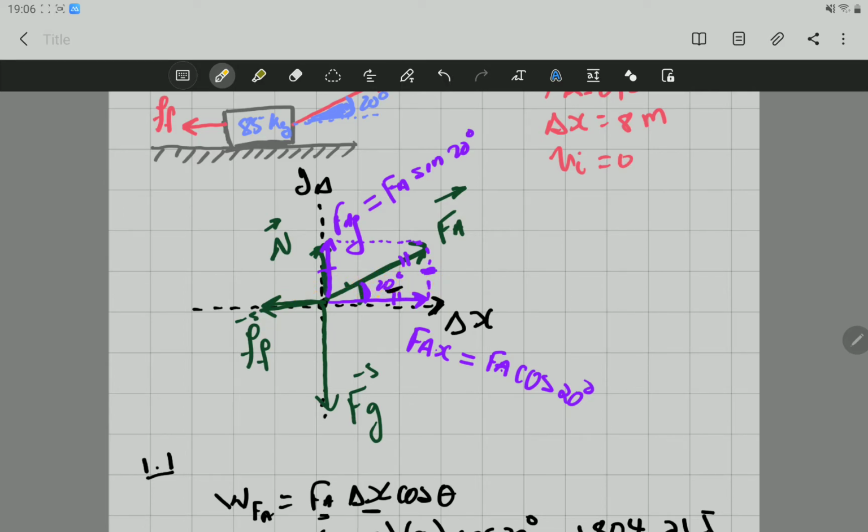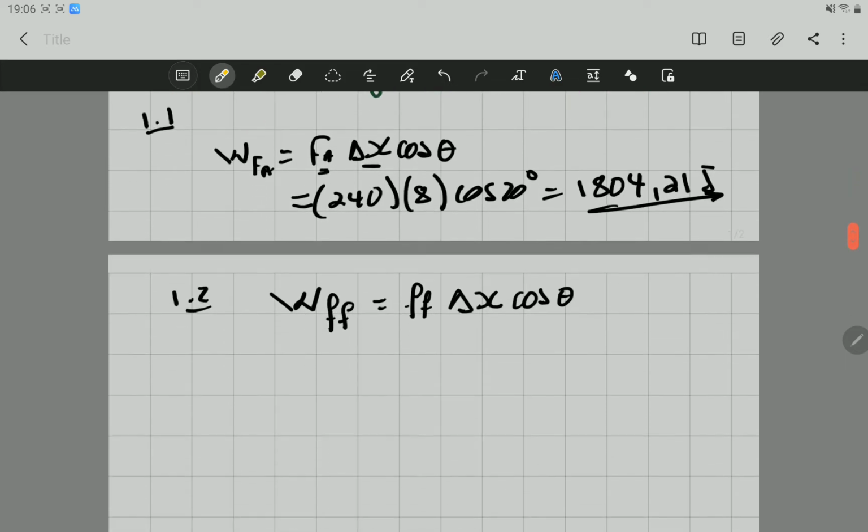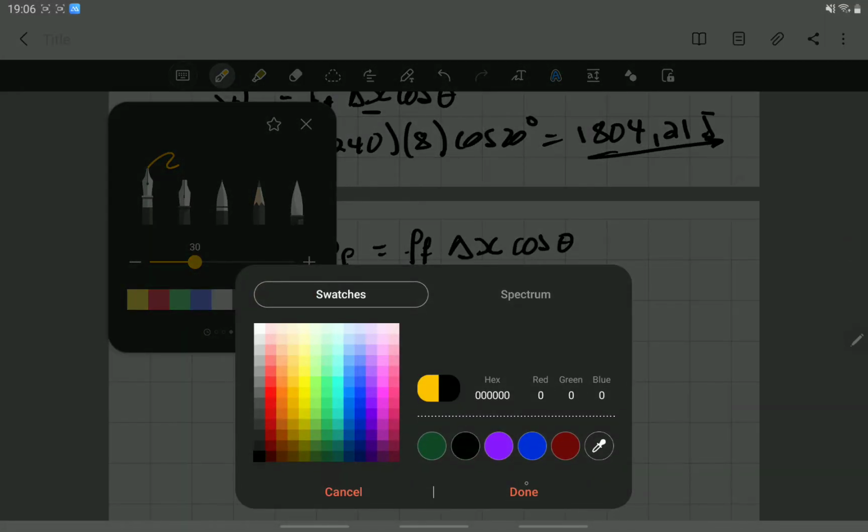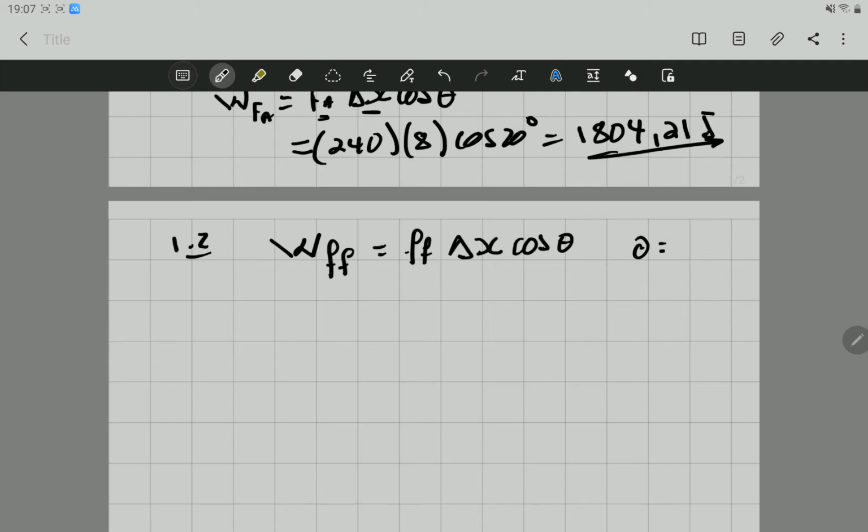Remember, the angle will be from here, from the x-axis, all the way down there. That is the angle, and you can see it's 180 degrees. So the angle between the frictional force and the displacement is 180 degrees. So let's write here, right next to it, theta is equal to 180 degrees. Remember, cosine of 180 is minus 1.